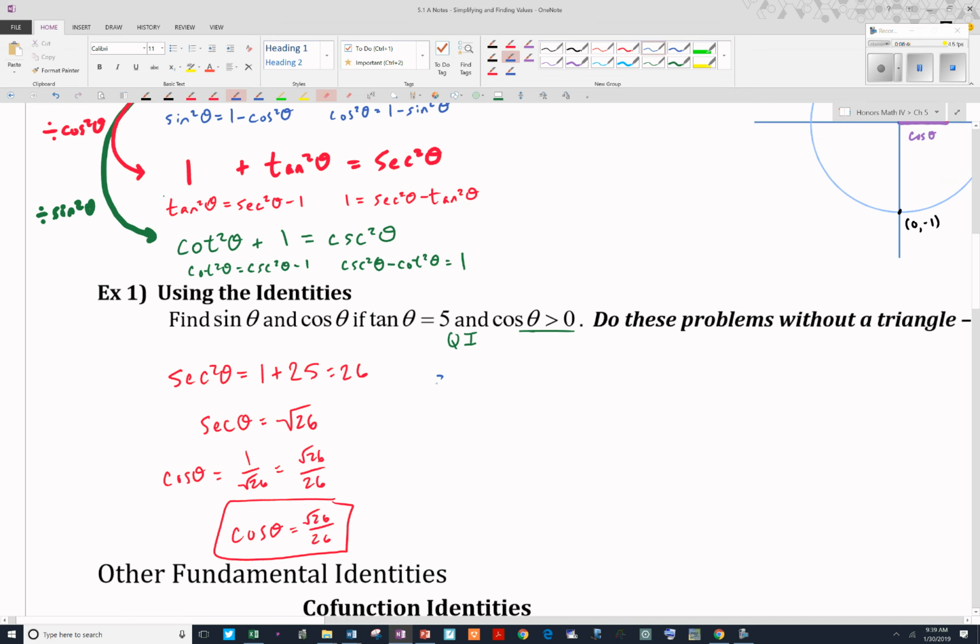We know that sine squared equals 1 minus cosine squared. So sine squared is going to equal 1 minus, well, cosine squared would be square root of 26 times square root of 26 over 26 squared, which is, what is 26 squared?